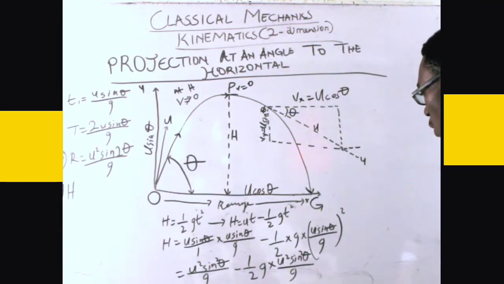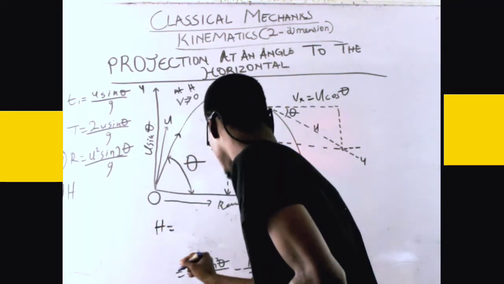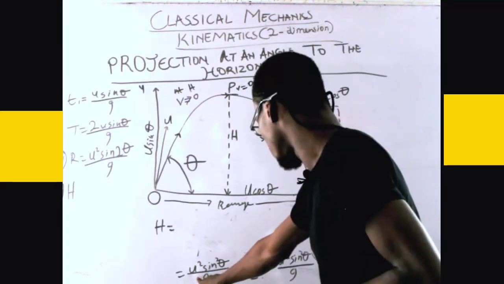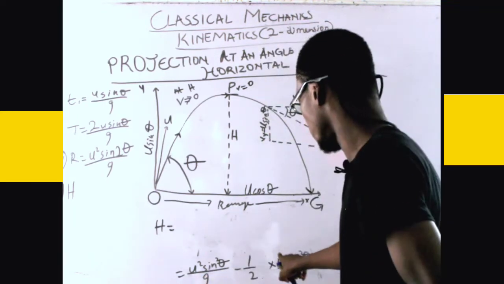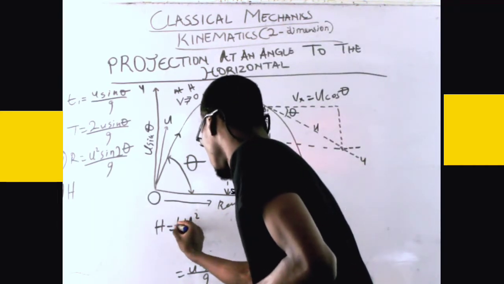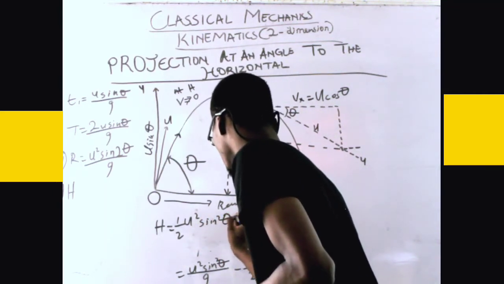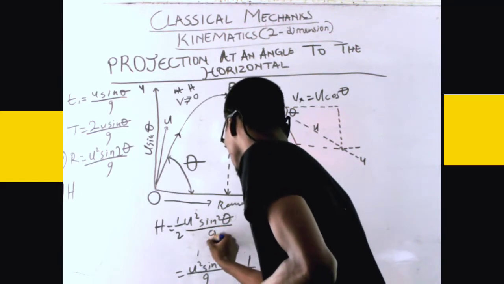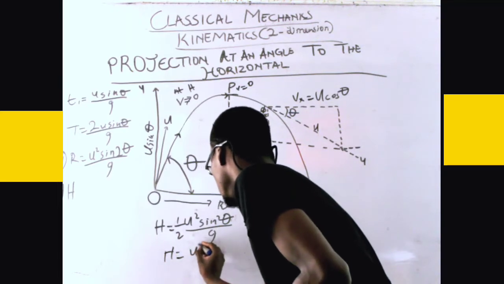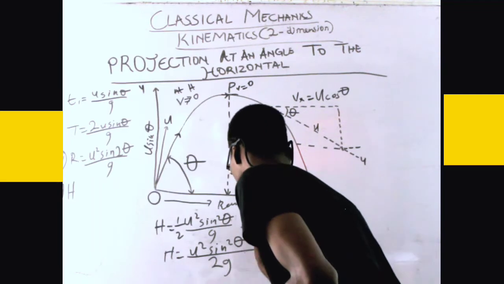Then we'll end up having h equals 1 minus half, like what we did the other time. So this would be u squared, and 1 minus half is half, right? So u squared sine squared theta over g. This whole thing as h equals u squared sine squared theta over 2g.